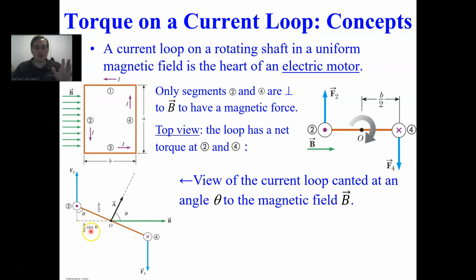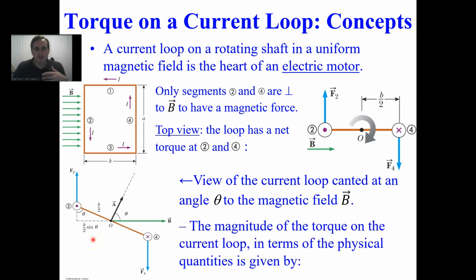This B over 2 sine theta, and there's another one over here, is basically the lever arm. Now remember from physics 1 what the lever arm is. This is the portion of the radius that is perpendicular to the force. And as a result, that's the part of the radius that really counts. So you should multiply lever arm times this force to get the torque.